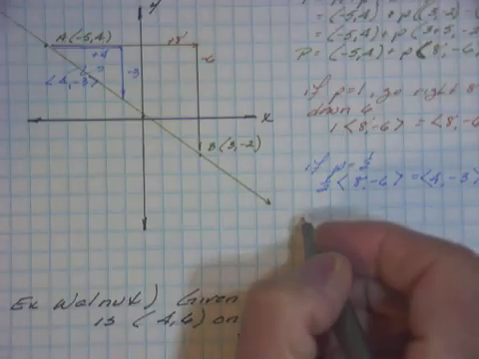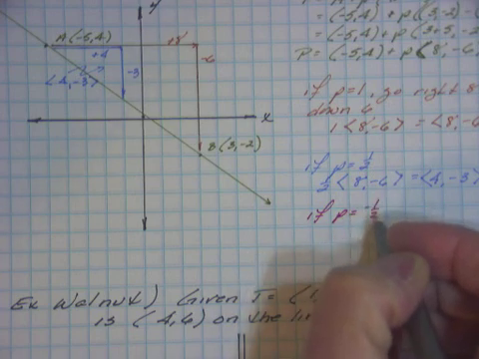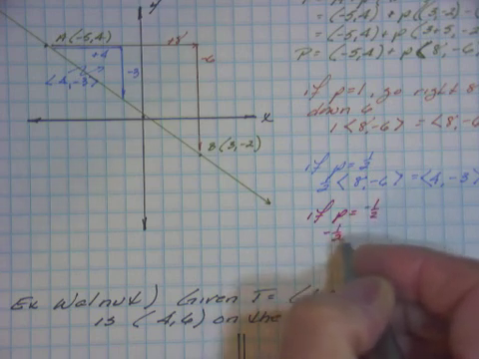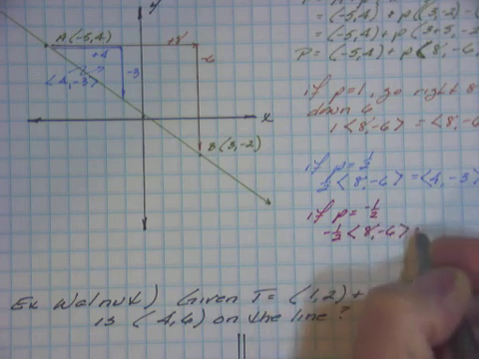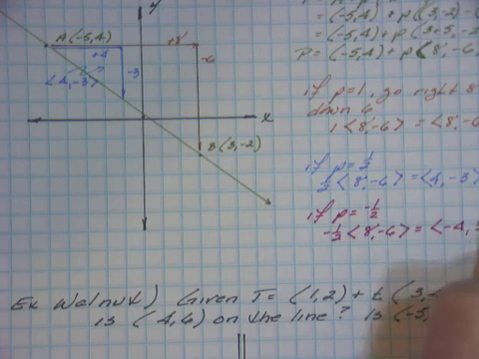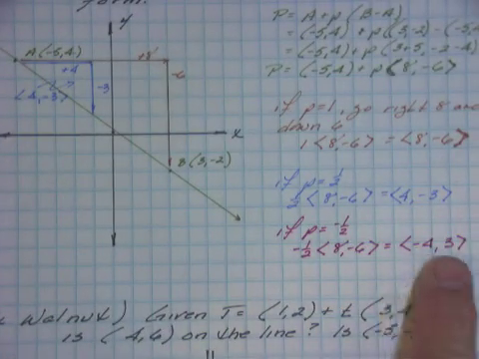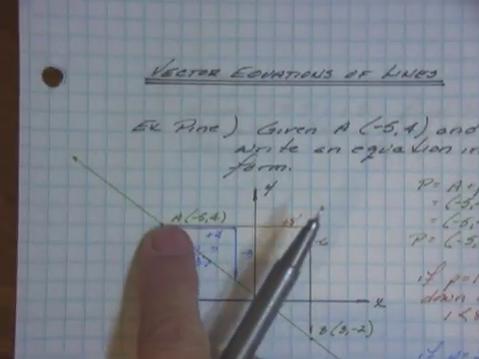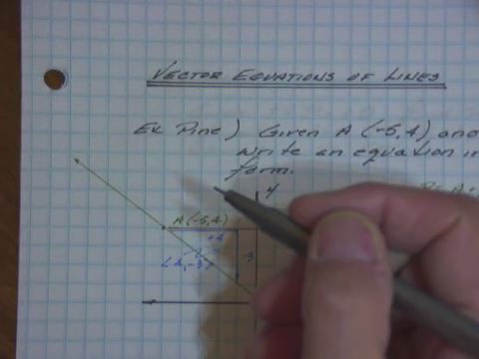Let's do another one. Let's say p equals -1/2. Now we've got -1/2 times the vector component of 8, -6, and that would give me -4, 3.